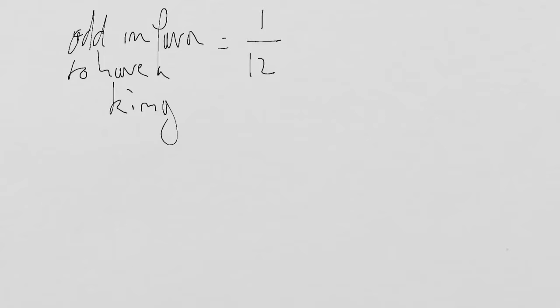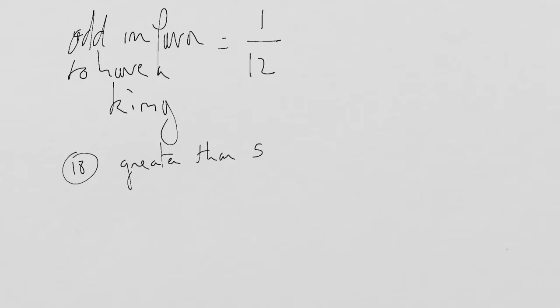Okay guys, so now let's take a look at problem number 18. In problem number 18, again, it's about determining the odds against and the odds in favor of selecting a card greater than 5. So I'm trying to look at a card greater than 5.